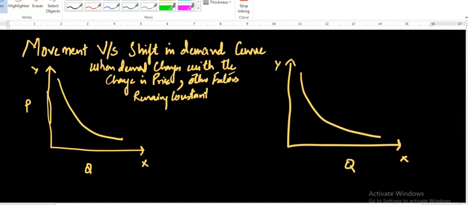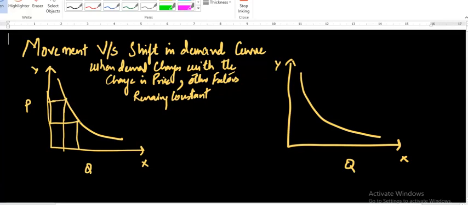It means that all the other factors that determine the demand, like the price of related commodities, or the level of the income of the household, all these factors remain constant. It's only the price that affects the demand, and we definitely know that if we decrease the price, there's going to be an increase in the demand.